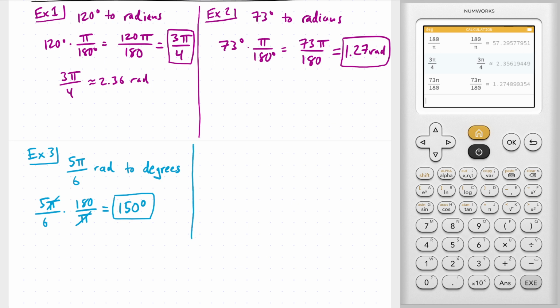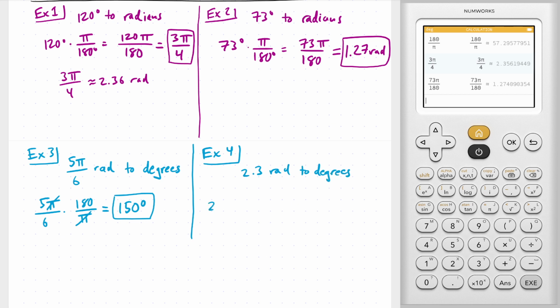And let's do one other quick example. Actually, we're going to do 2 other examples, but the last one's a little different. So this is going to be a straightforward one. Example number 4. We have 2.3 radians, and we want to convert that to degrees.